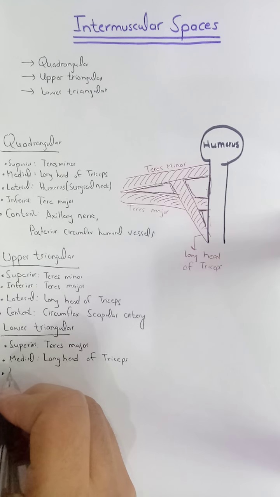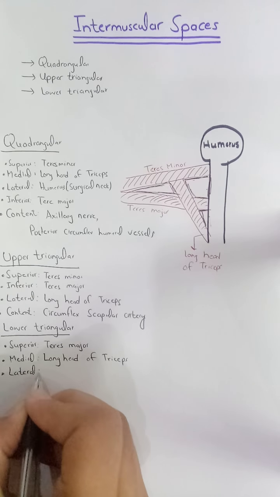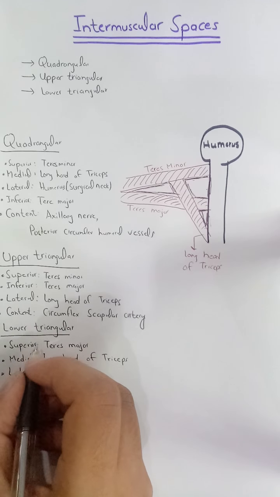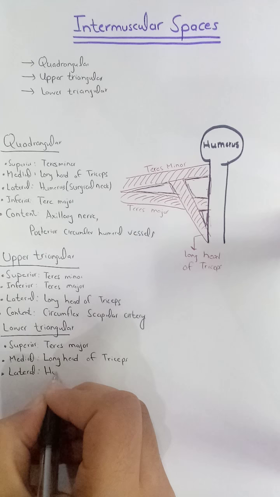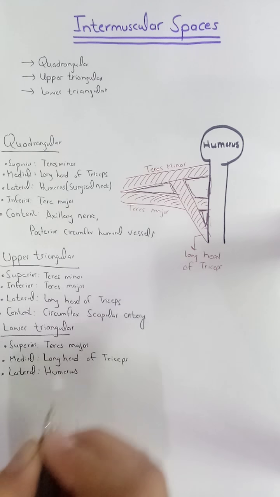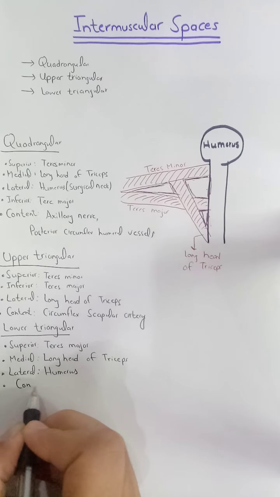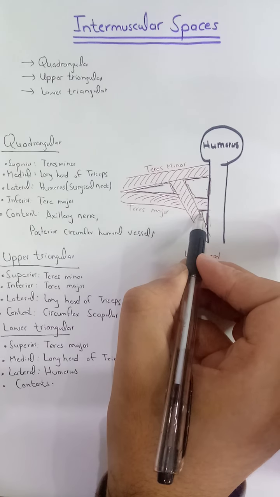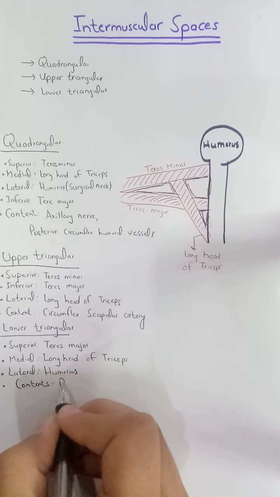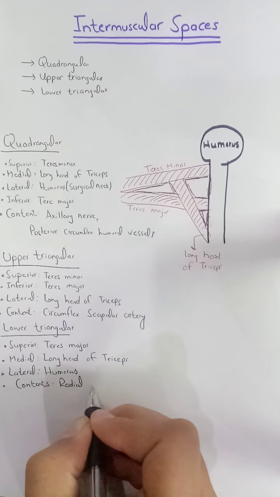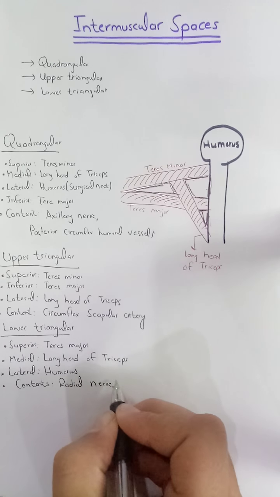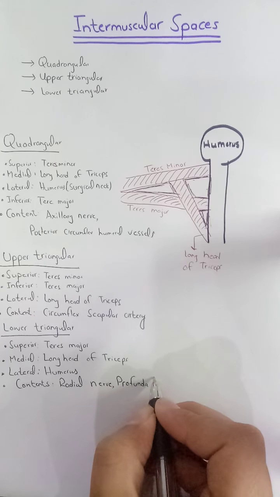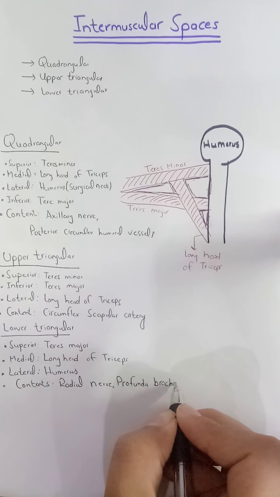And the lateral boundary will be by the humerus. And its content: in the content of this space are the radial nerve and the profunda brachii vessels. Remember this thing, radial nerve and profunda brachii vessels.